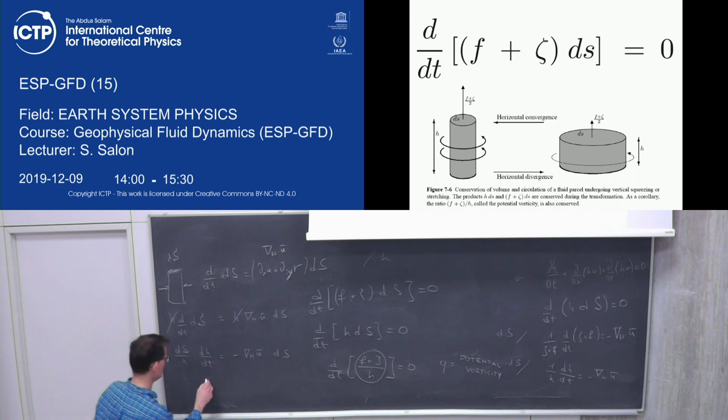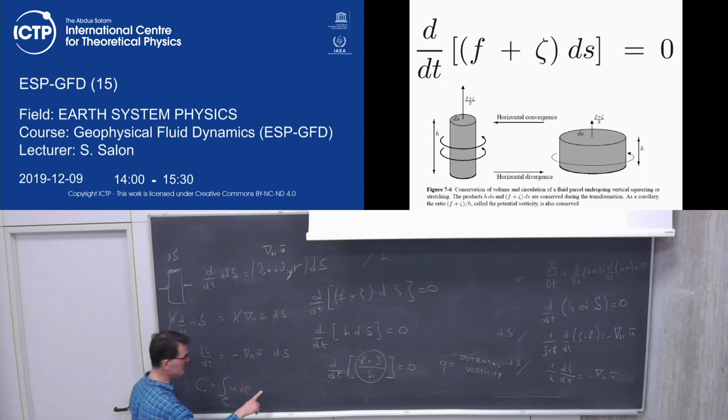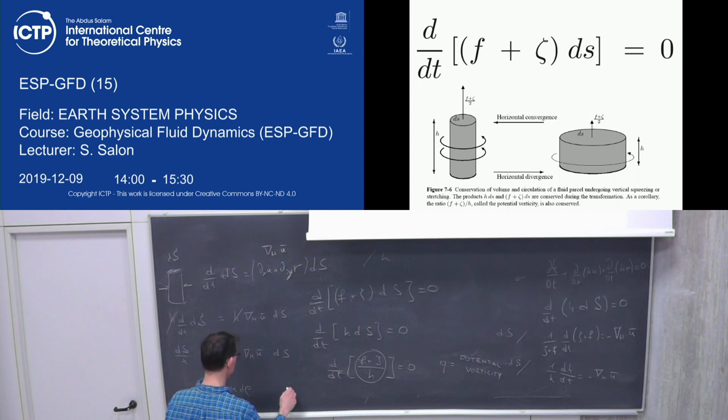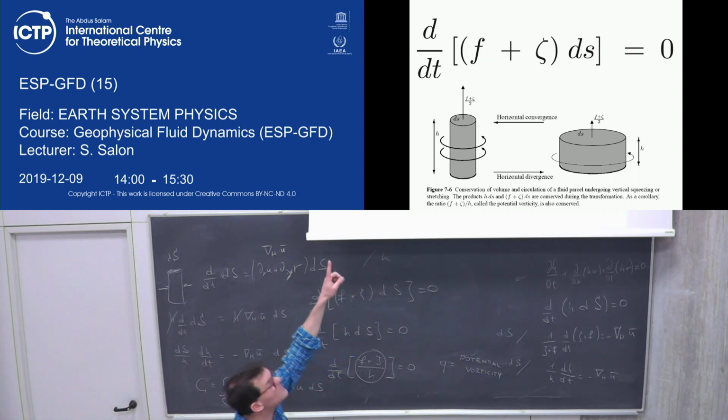So the circulation is the integral of u dl over a certain closed path, but this can also be written as the vorticity integrated on a surface. Okay? So this is exactly the same. So we are saying that we are conserving the circulation or the vorticity flux.